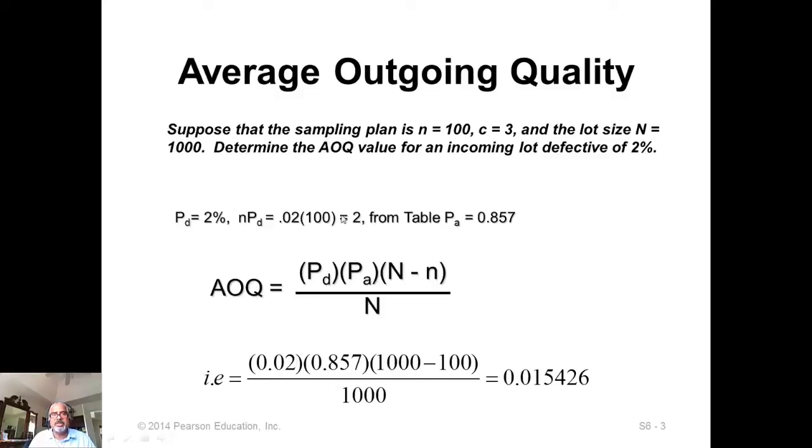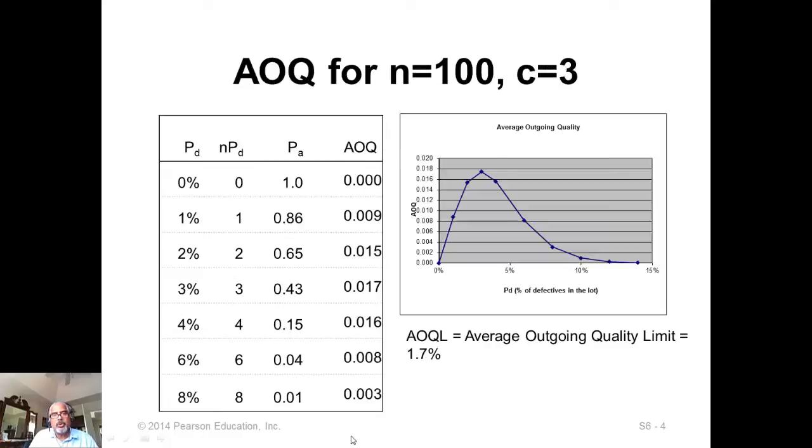So n times P sub D is 2, then go to the Poisson table for 2 and c equal to 3, find P sub A, plug it into this formula, and you get your AOQ, average outgoing quality. Now you compute AOQ for a range of P sub Ds, and I have used 0 through 8% here, and then you plot that, and this is what the plot will look like.